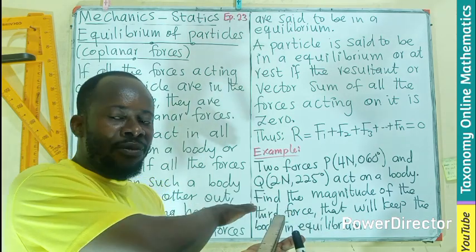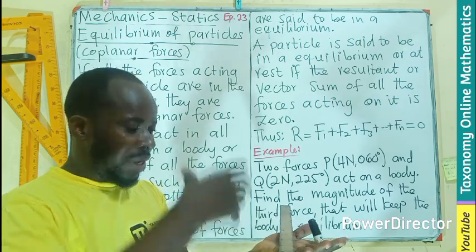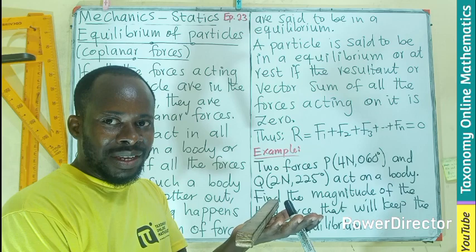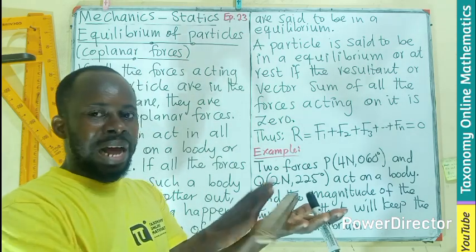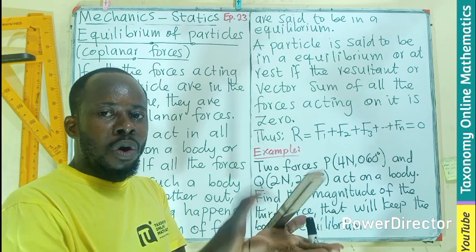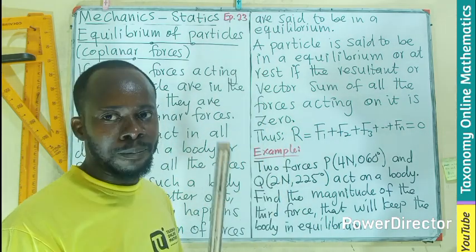So if the frictional force equals the applied force, and the normal reaction equals the weight, it means that nothing is happening on this body. The body is still at rest. It is not moving, nor coming down or sliding. Then we can say that body is in equilibrium.